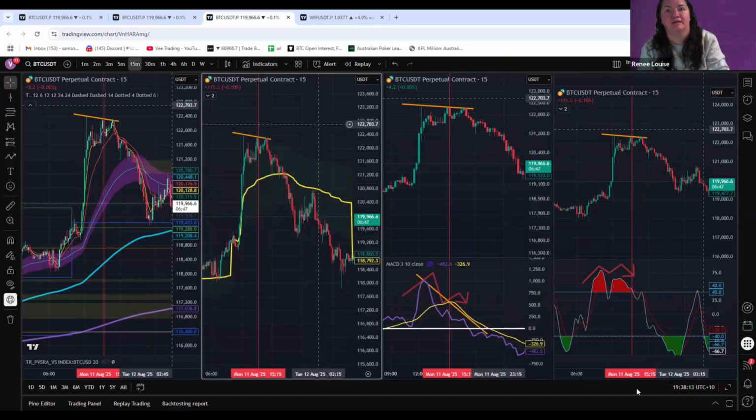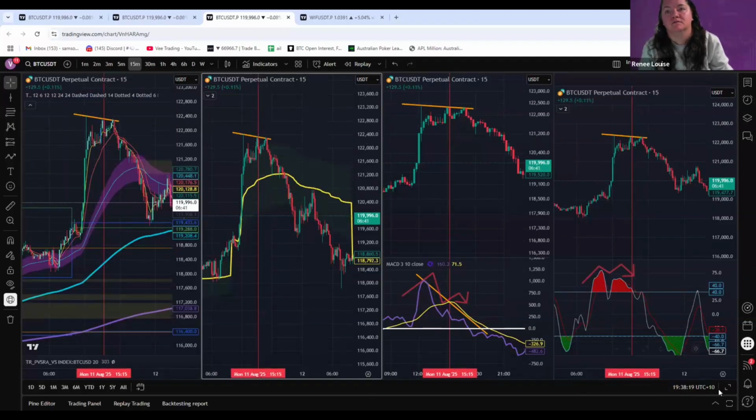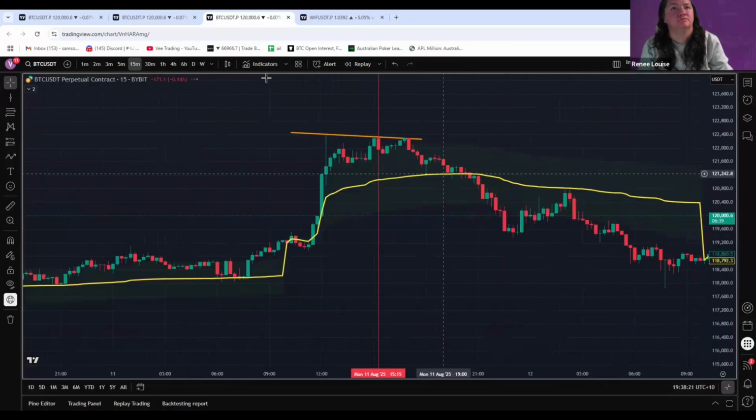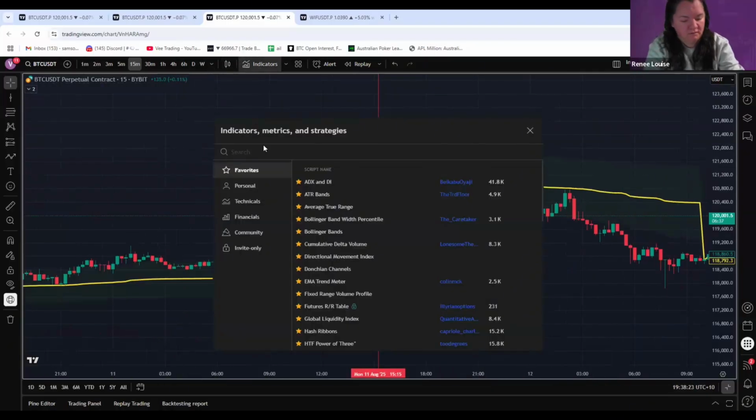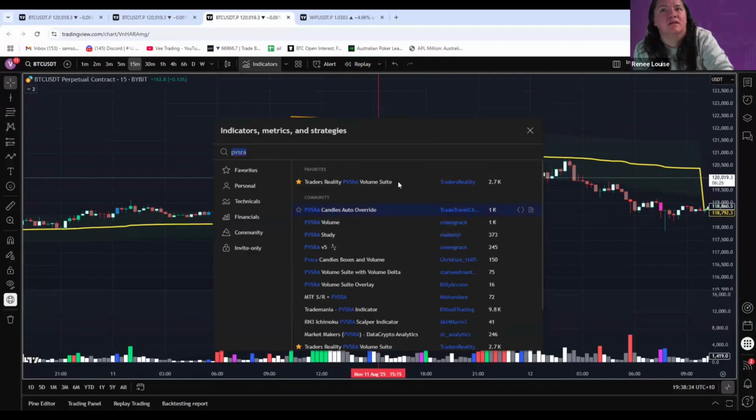So say I'm on my chart here. This has got my VWAP on it. Override, maybe that one. That's the volume.